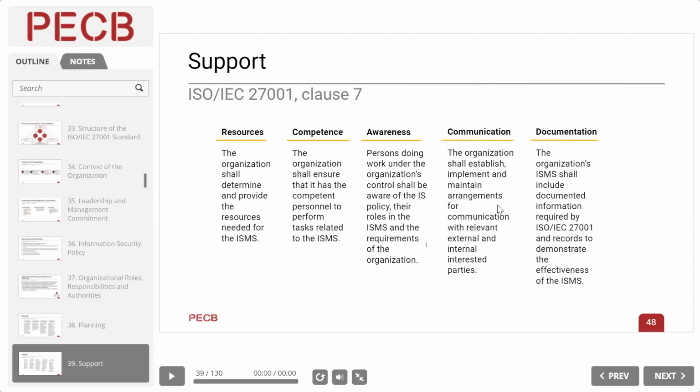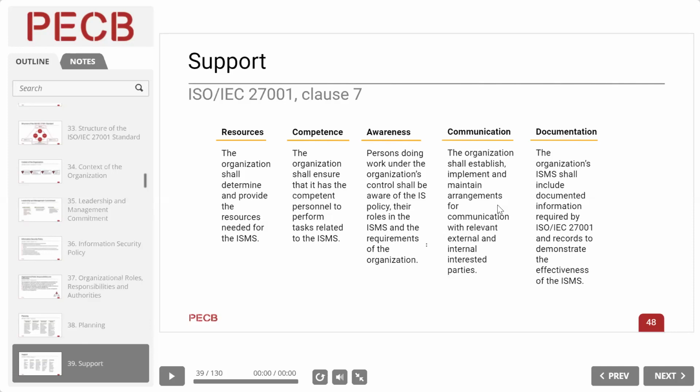People, obviously computers, we need tools, we might need vehicles, you know, all these are resources that we need to have to be able to successfully implement and manage the ISMS.